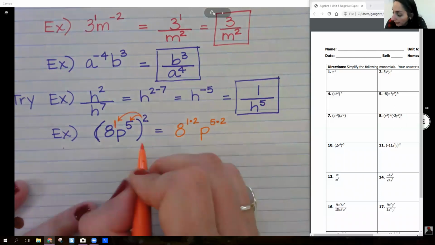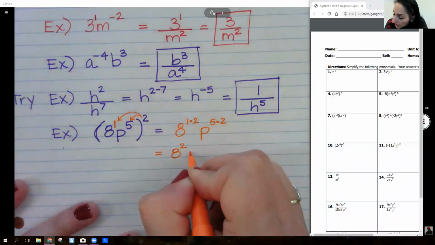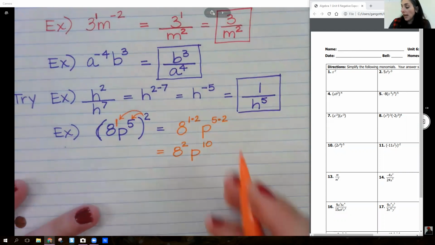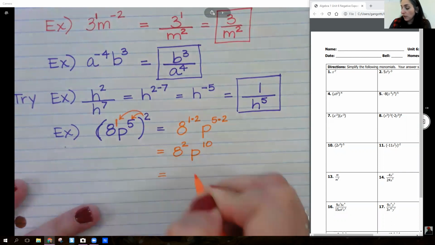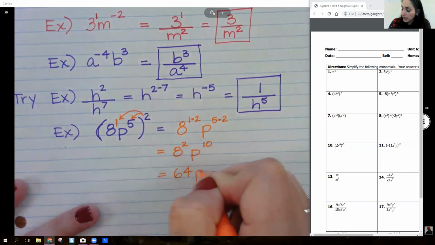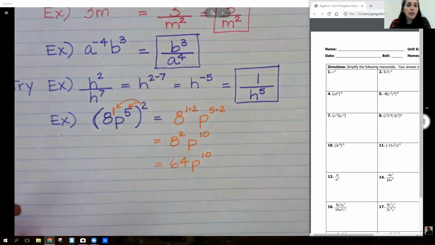All right, so this will be 8 squared p to the 10th. And then we can simplify 8 squared, right? We know what that is. That is 64 p to the 10th. Okay, so that's just review. Now we'll throw some negative numbers in there.